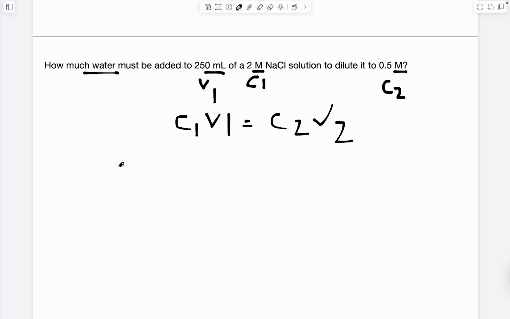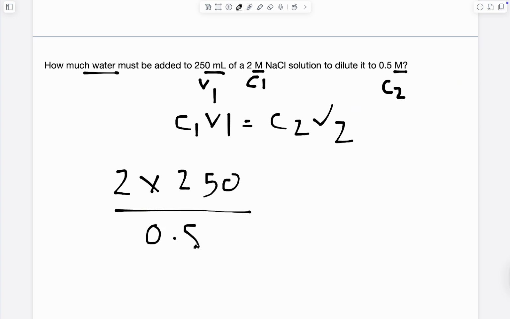So we just sub it into the equation. You do 2 times 250, I have rearranged the equation already like I did in the beginning, and divided by that 0.5. We sub it into the equation and you should get 1000 mL as the final volume.